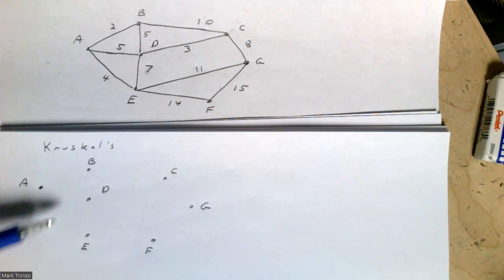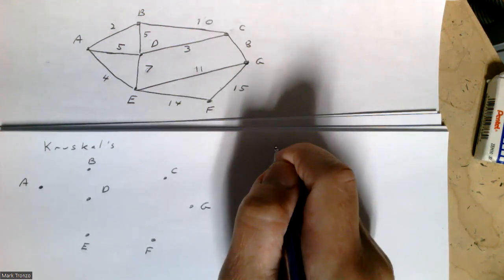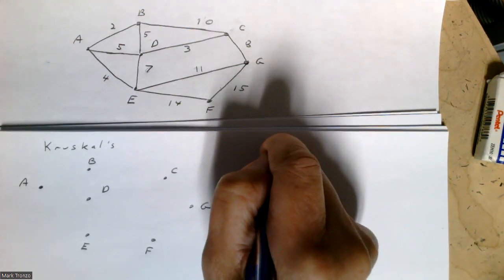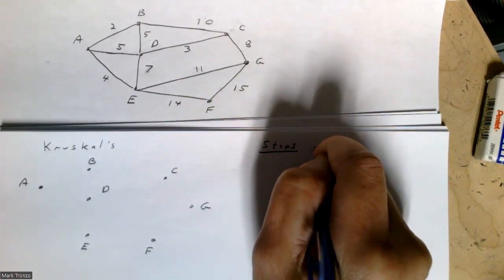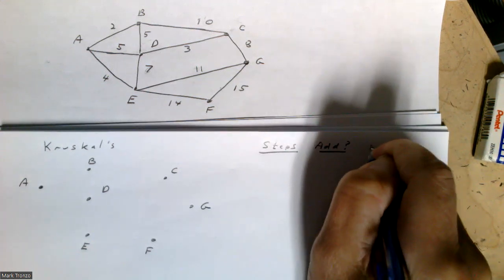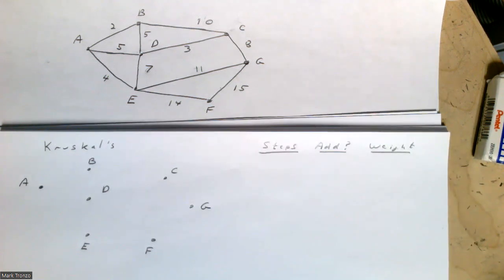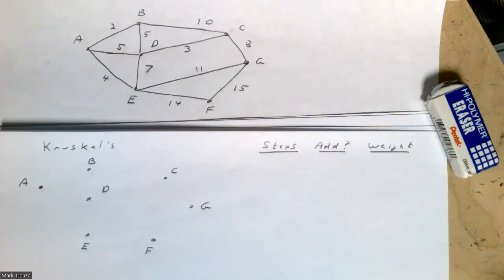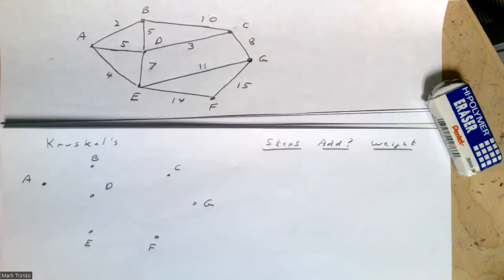Once again, put down your vertices. And let's go through the normal steps. So once again, start with the smallest value.